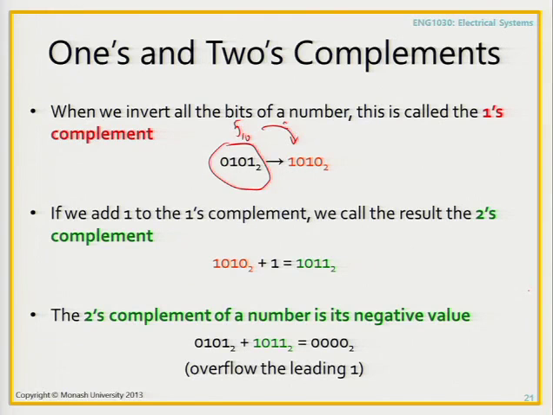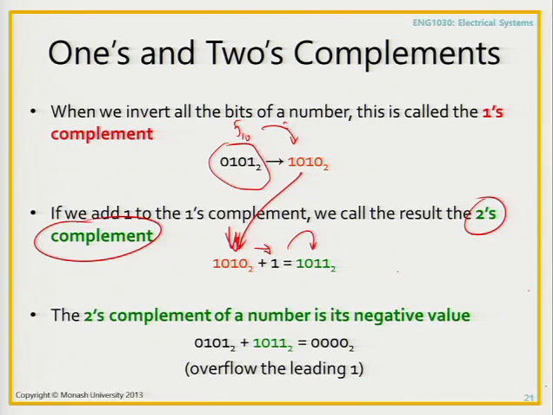Okay, so over here, here's the 1's complement. You add 1 to it, and the result is called the 2's complement. And the 2's complement represents the negative of the original value.